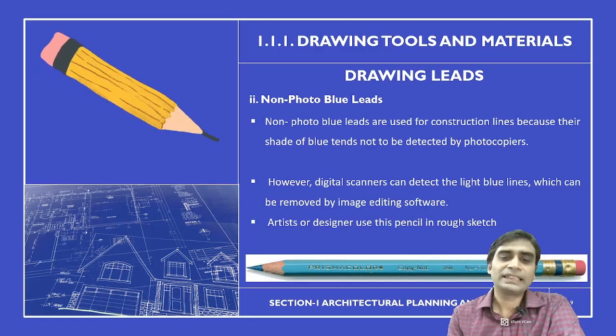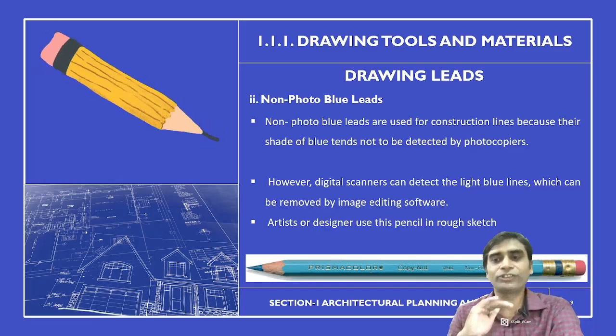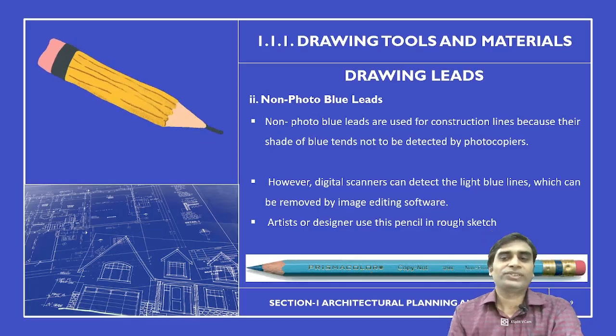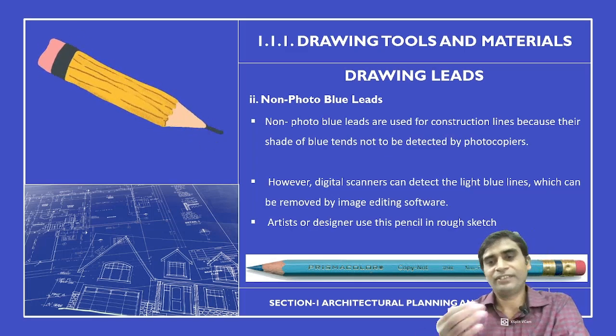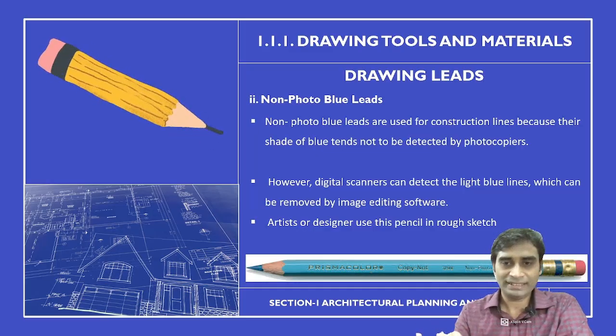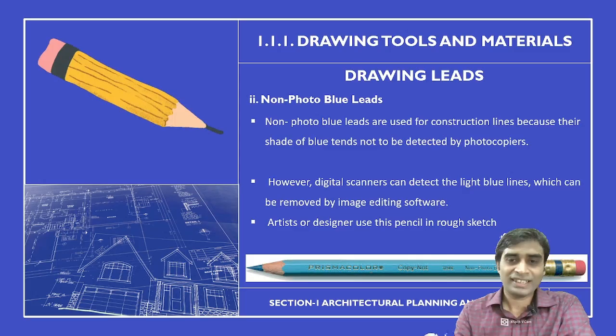This blue lead has a special feature: in the photocopier it does not give an impression. So first a rough sketch is made, the required drawing is highlighted, and it is photocopied, and the blue lines do not show in the Xerox.